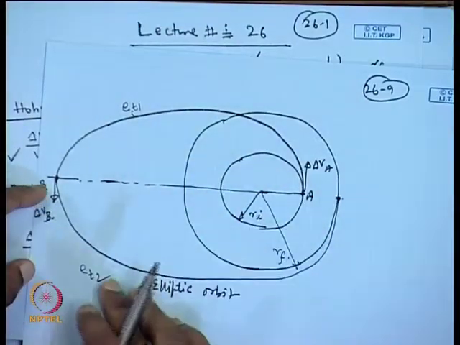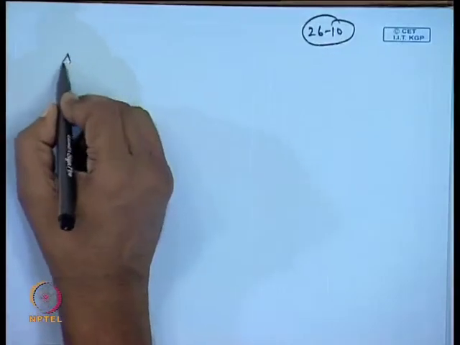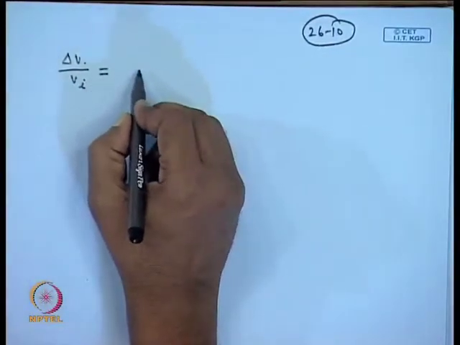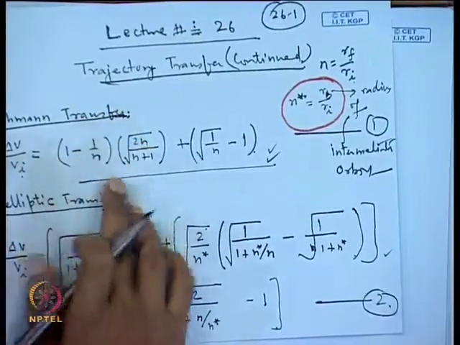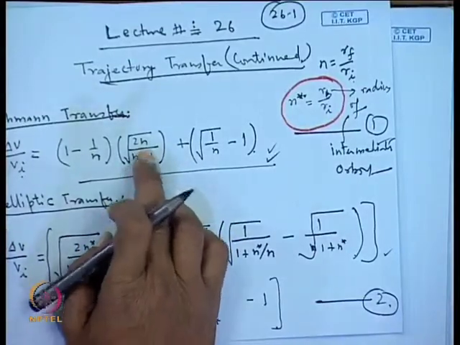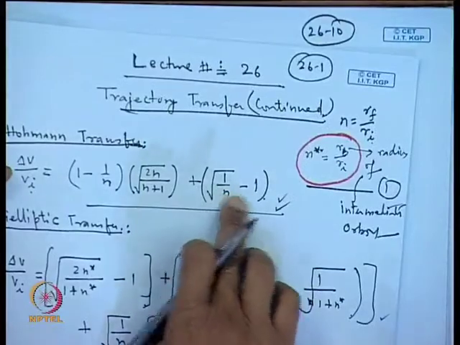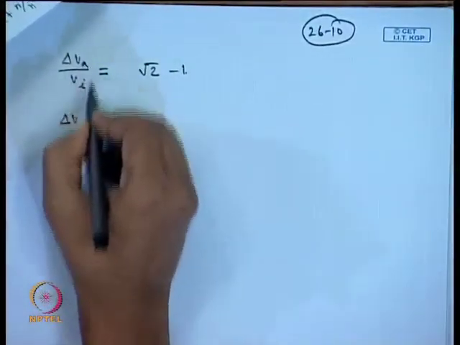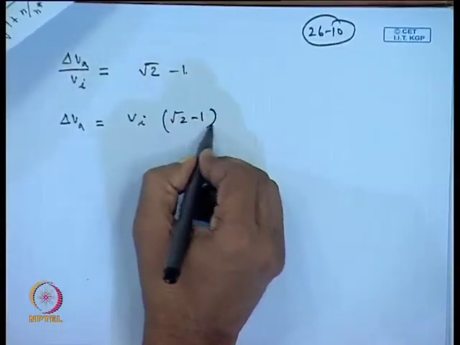Then the result that we get will be delta v by v I equal to, for n equal to infinity, this term vanishes and if we divide, we get root 2. Again this term vanishes and we get minus 1. Therefore, we can write delta V A is equal to V I times root 2 minus 1.